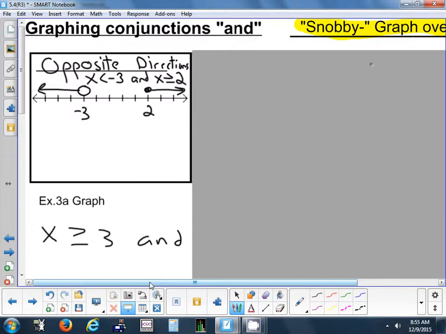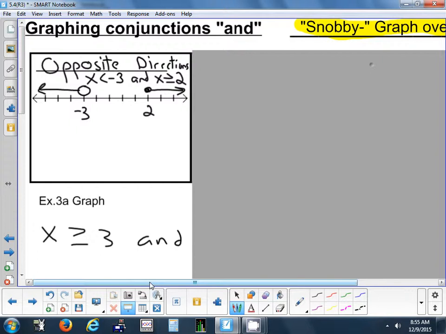Now for an AND, we talked about that at the beginning. For an AND to be true, what has to happen in terms of both sentences? Both sentences have to be true. That means both sentences, in this case, have to overlap. Is there any overlap at all in these? What do you think the answer is?